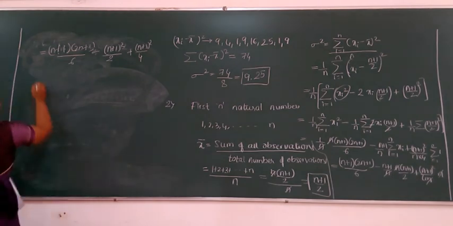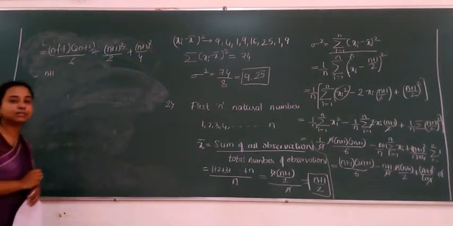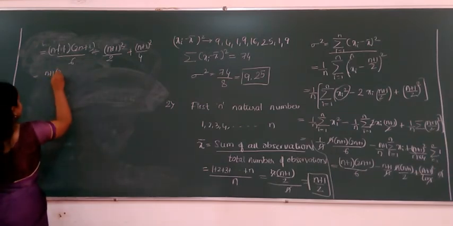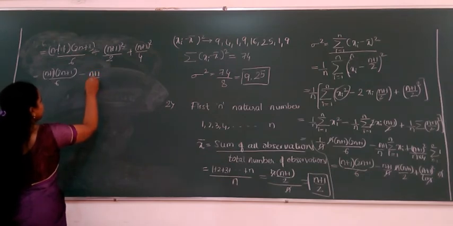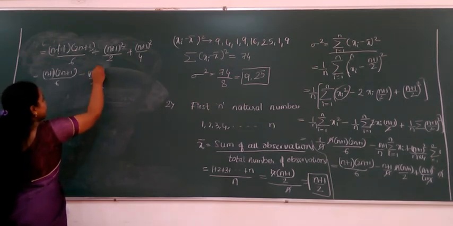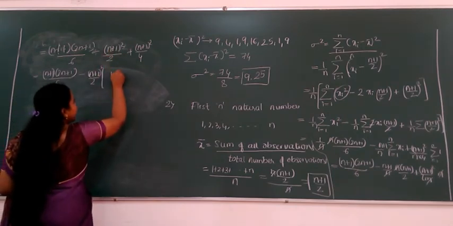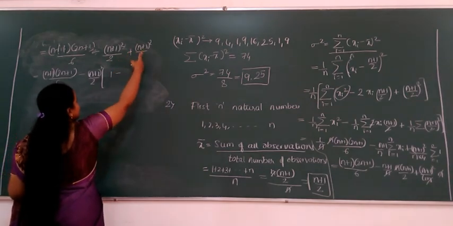Now, what can we do here? Just to simplify, keep the first term as it is, and let me make it clear there are many ways to simplify. Whichever method you feel is easy, you can follow that way. So n plus 1 into 2n plus 1 by 6, minus n plus 1 whole square by 4.